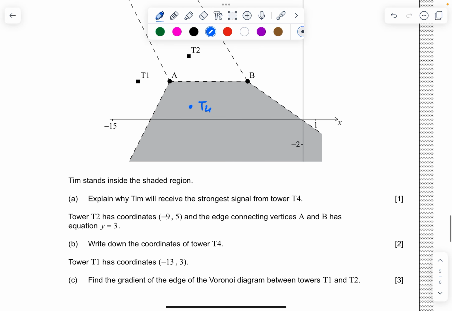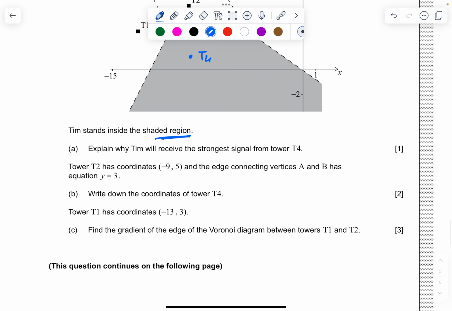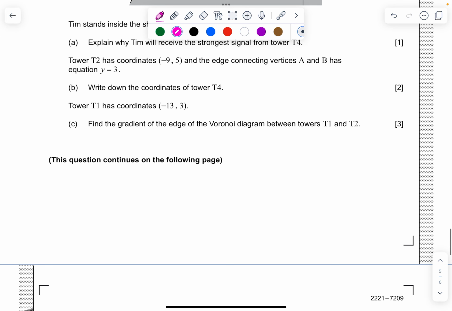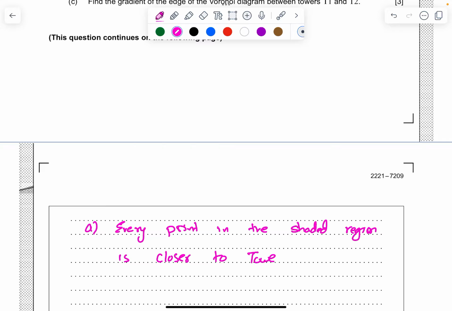Then explain why Tim will receive a stronger signal from tower T4. Tim stands in the shaded region. Why does Tim receive the strongest signal? Because every point in the shaded region is closer to tower T4.